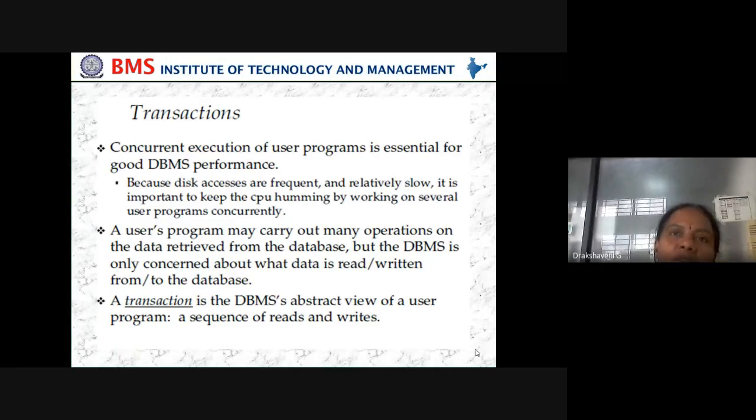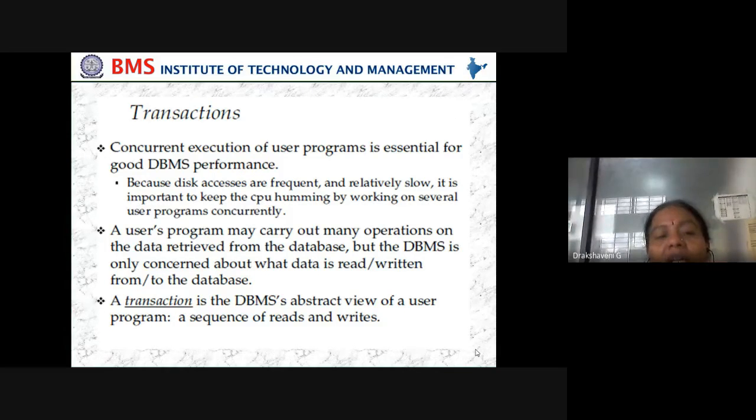Now how many of you are parallelly accessing this particular login? Even Google Meet has restricted this. Earlier the limit was 250, now they have reduced it to 100. If more than 100 people are accessing the same login, then they will be charged. So something like that, they have transaction limits.